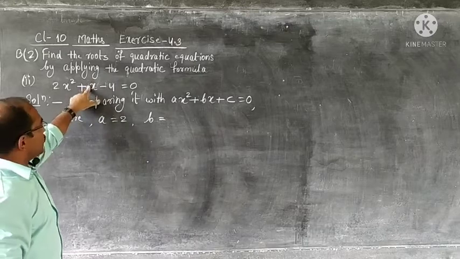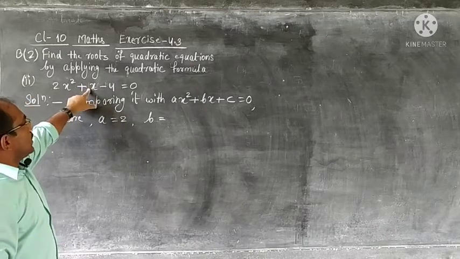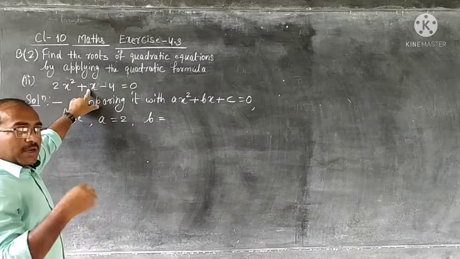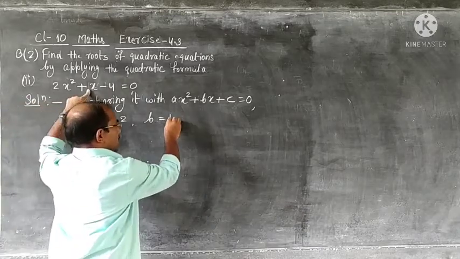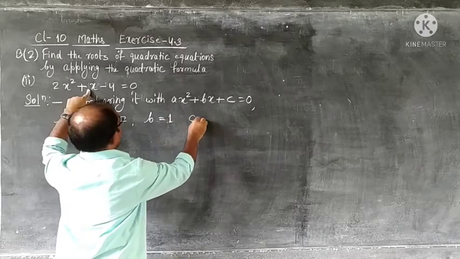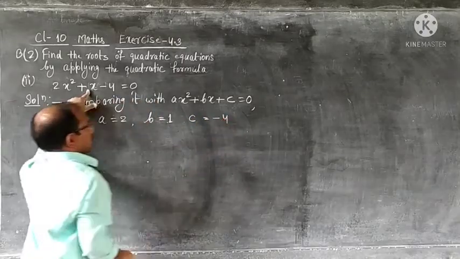What is multiplied by x? Nothing, there is 1 into x. So, we read it as 1x. So, b is 1 and c is minus 4.